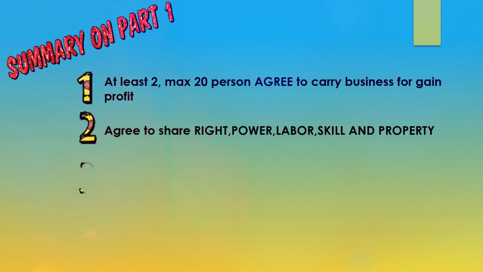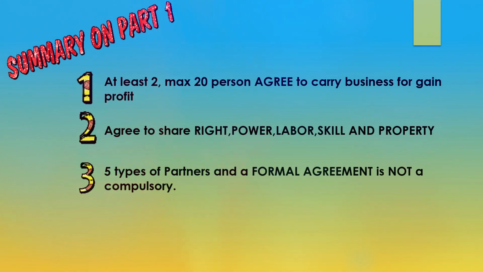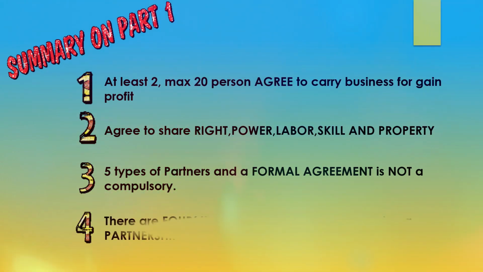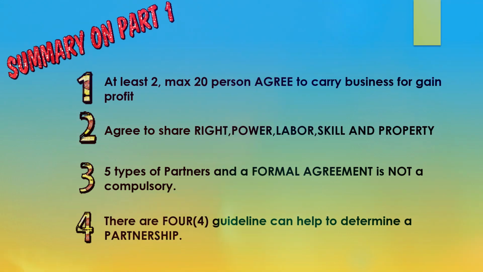Number 2, they should agree to share right, power, labor, skill and property. Number 3, there are 5 types of partner and a formal agreement is not compulsory. And number 4, there are 4 guidelines that can help us to determine whether a partnership exists or not.